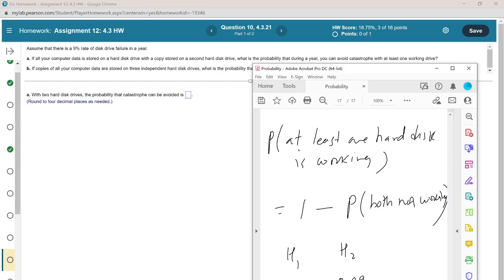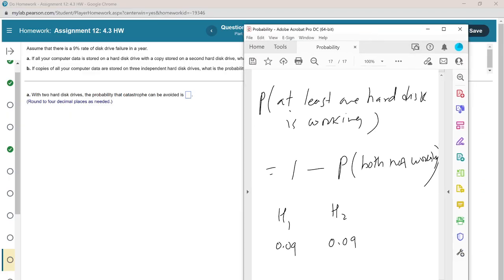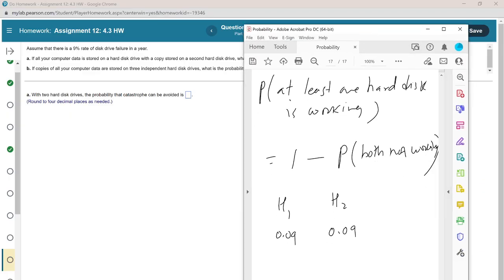And because those two hard disks are independent of each other, the probability of both not working is equal to the probability of the first one not working, H1, times the probability of not working, H2. So you just have to multiply these 2, which is 0.09 squared, and you have to subtract that from 1 for finding at least one is working.